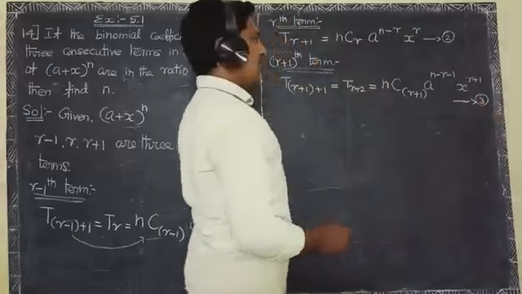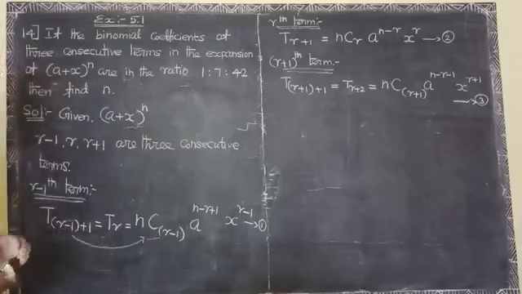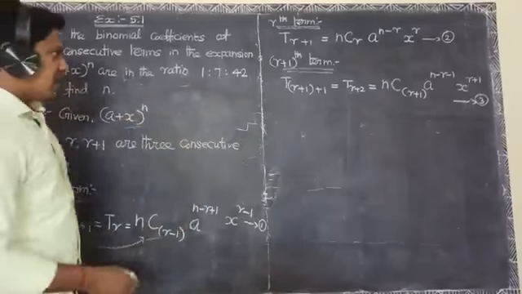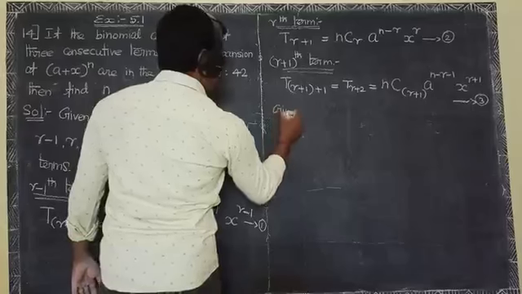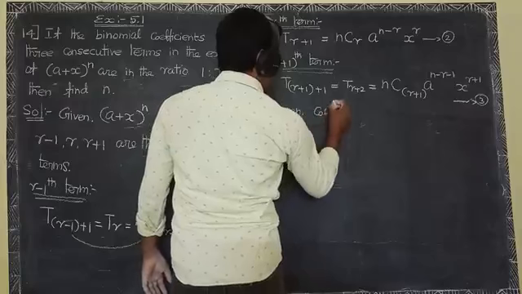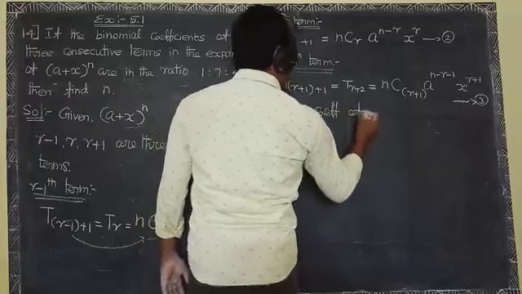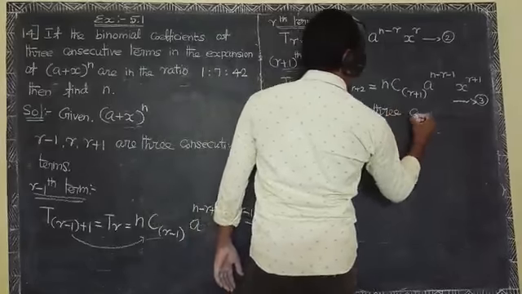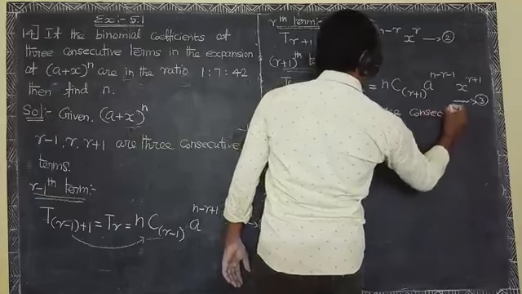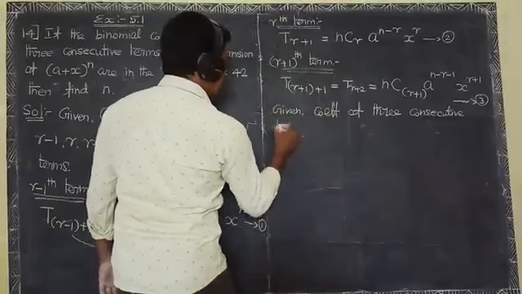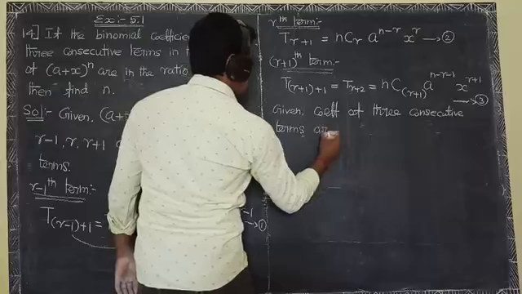Okay, given the coefficients of 3 consecutive terms are in the ratio 1:7:42.